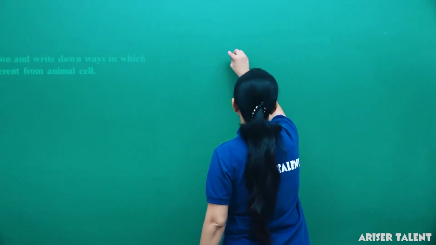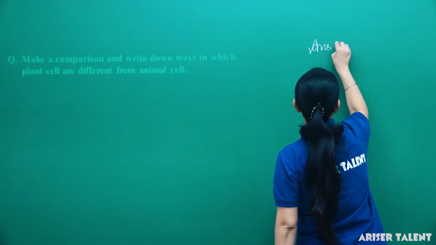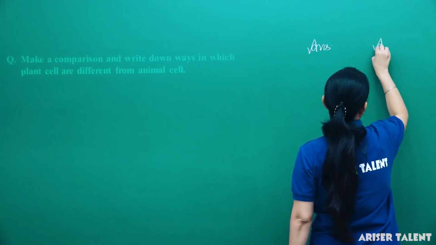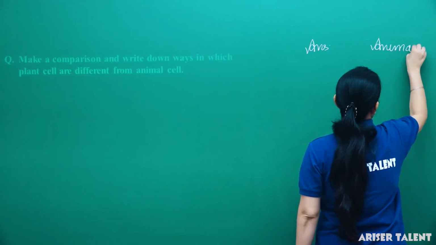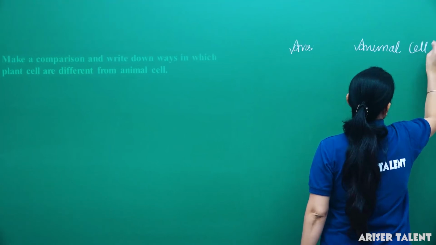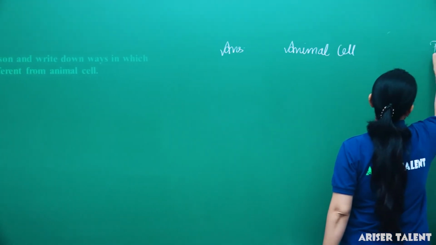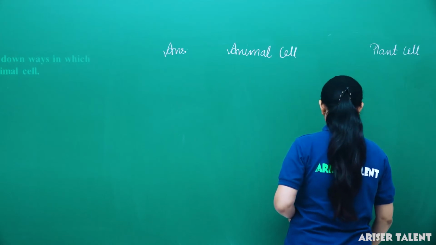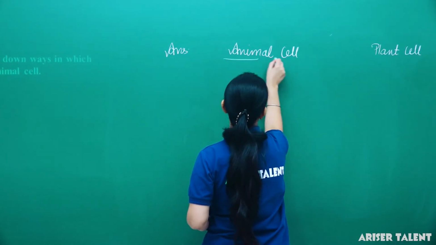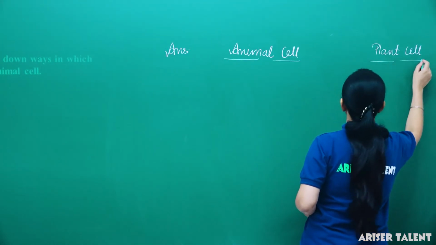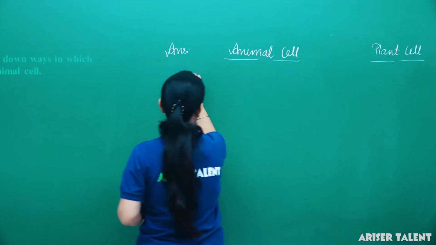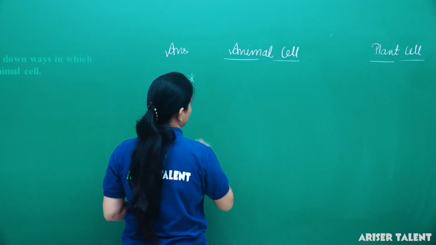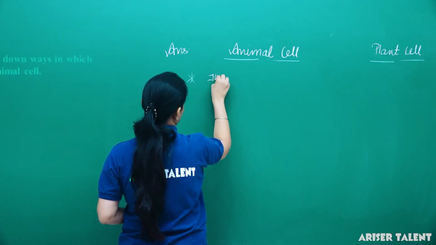Okay, so here we go with the animal cell and plant cell. If you talk about the animal cell, generally they are small in size.